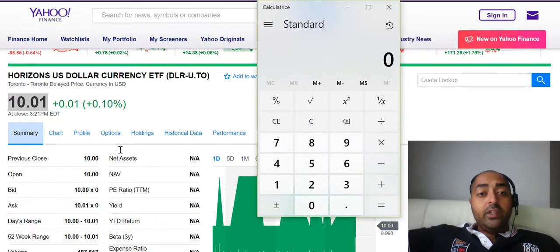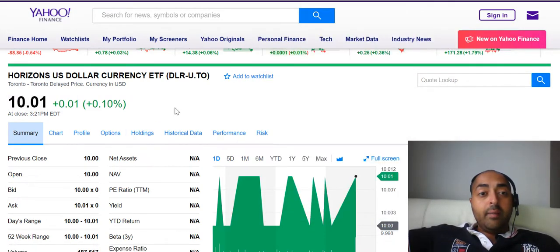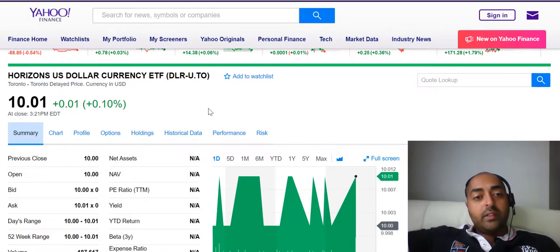But the issue I have with the Norbert Gambit is, first of all, it takes almost 5 business days for all this to settle. After you make the request to Questrade to journal your DLR.to shares to DLR-U.to, you won't actually hold the DLR-U until almost 5 business days later.